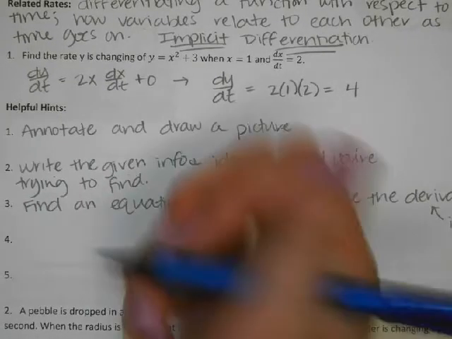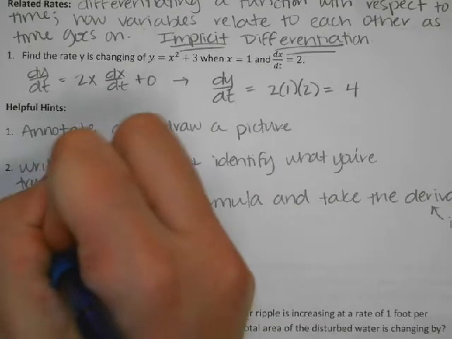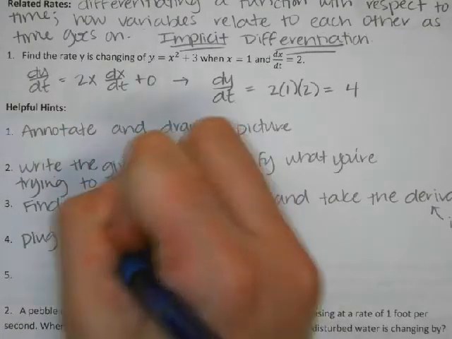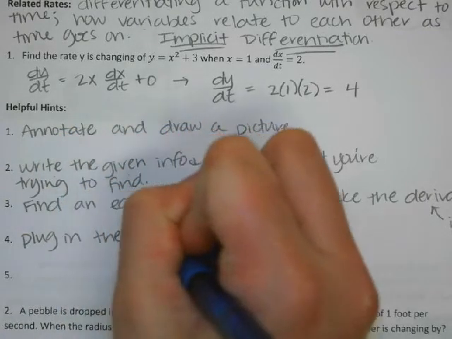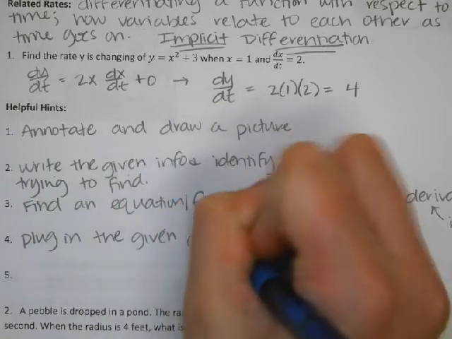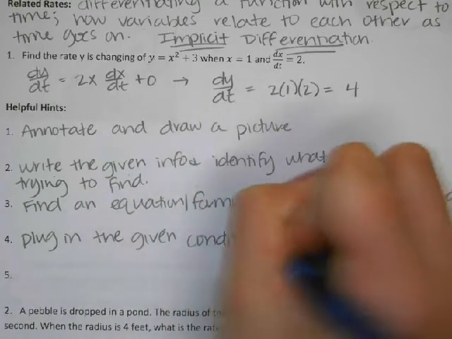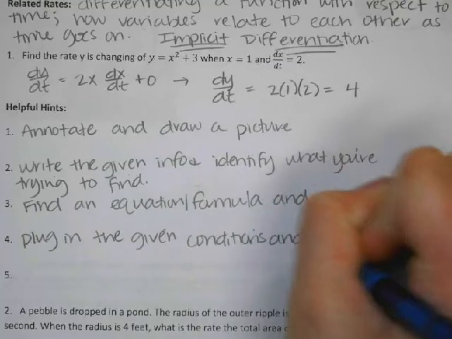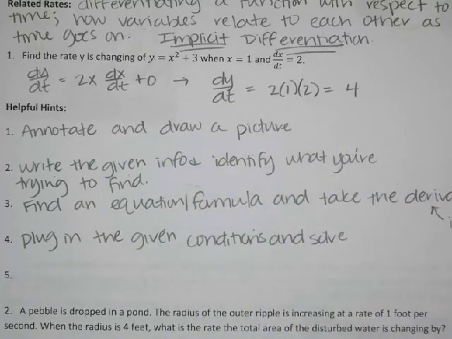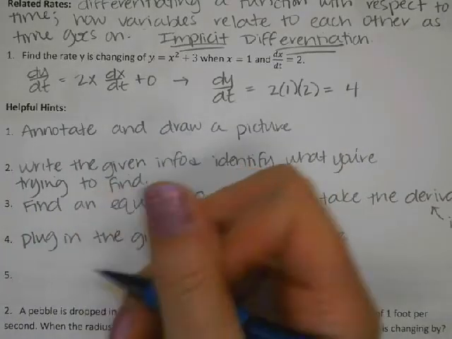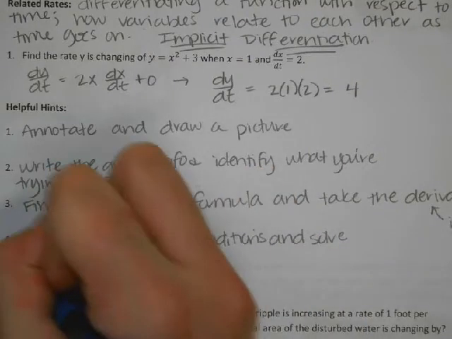Next, we're going to plug in the given conditions. And we will solve for our unknown. And then last, we will write the answer with units as a complete sentence.